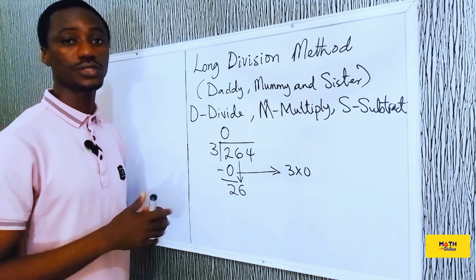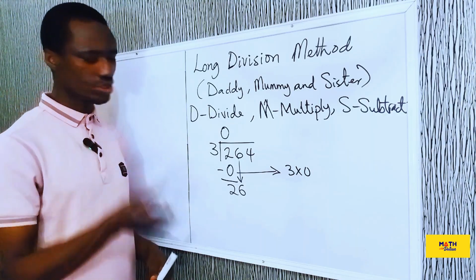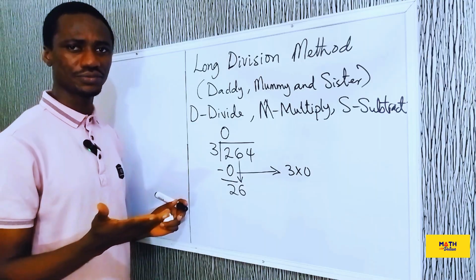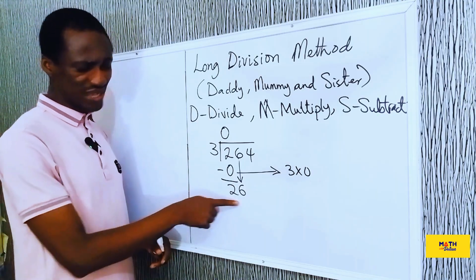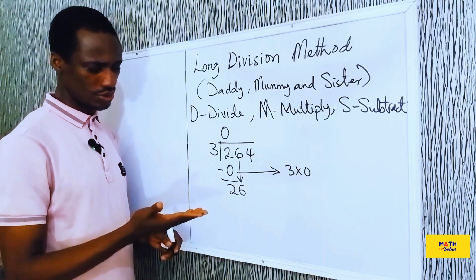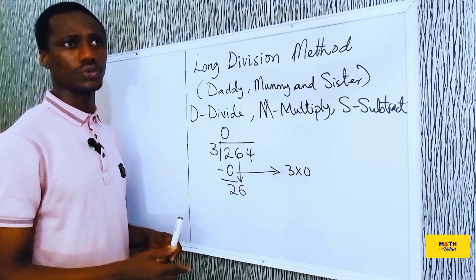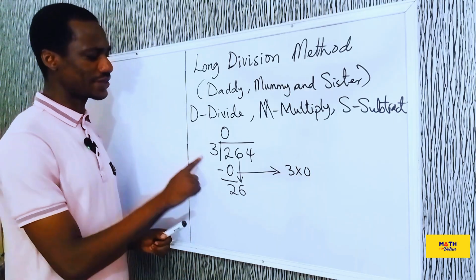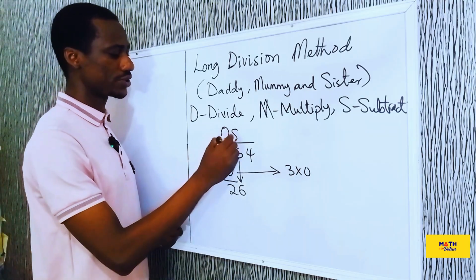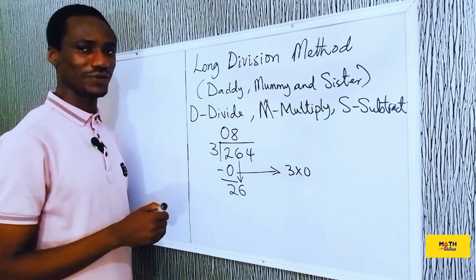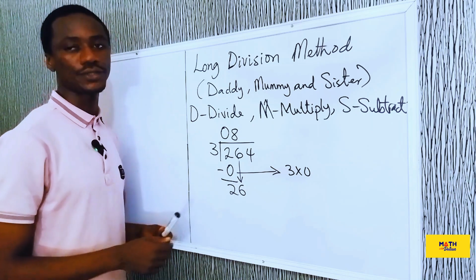It will save you a lot of stress. Once you know your multiplication table, division becomes very easy. So I check my multiples of 3 and pick the one that's closest to 26, not more than it. That's 24, so 3 times 8. I can get 3 in 26 8 times, because 3 times 8 is 24.